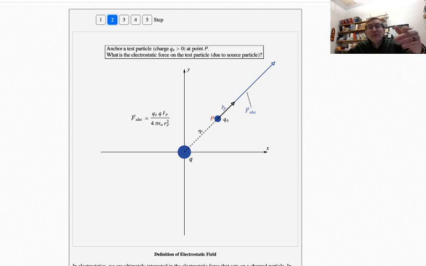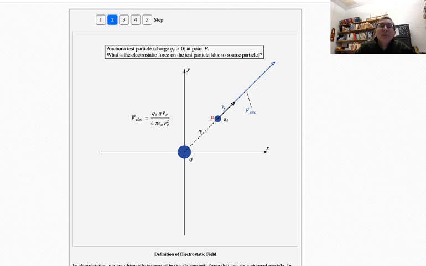And then I just wrote down the formula using Coulomb's law for that electric force. Q0 times Q times r hat over 4 pi epsilon 0 r squared. Coulomb's law, chapter 21, previous video lecture. We know how to calculate that F electric using Coulomb's law. Okay? So now we know what that is conceptually.